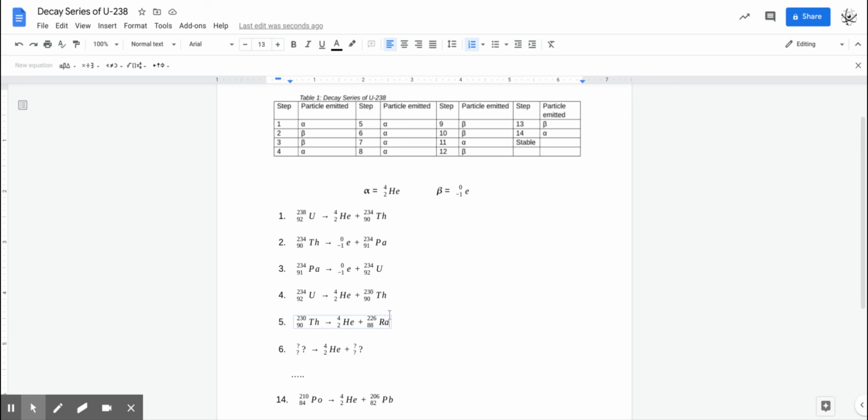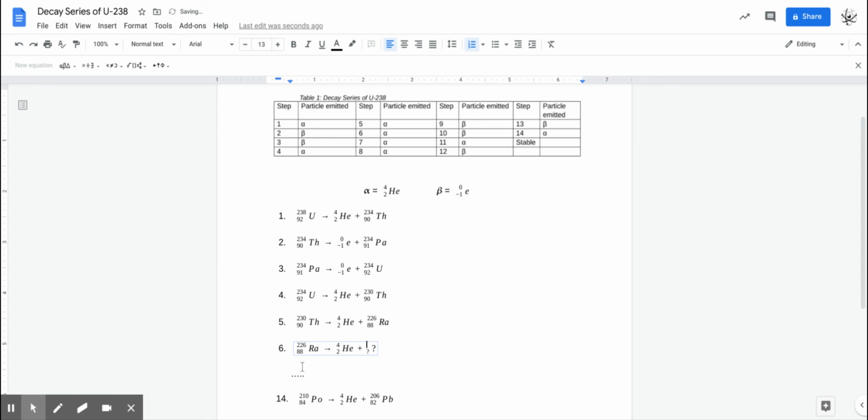Since this was my daughter at the end of step 5, it's also my parent at the beginning of step 6. So radium-226. Step 6 is also an alpha emission. So alpha decay means that we emit the alpha particle. So we put it on the right. And now we solve for the new daughter.